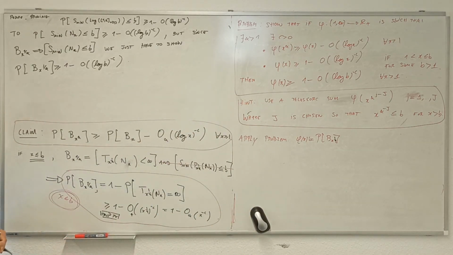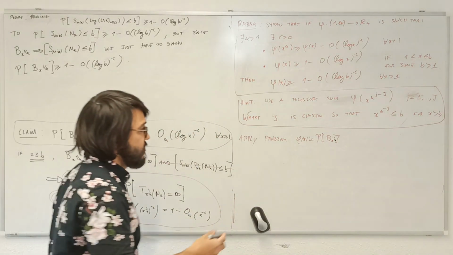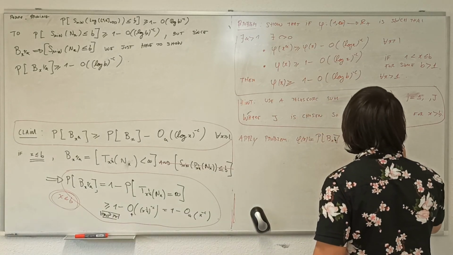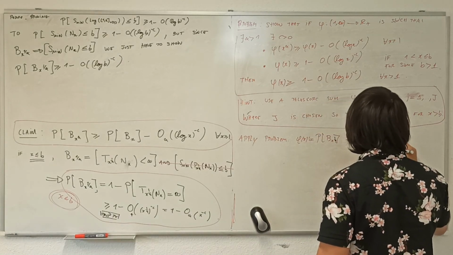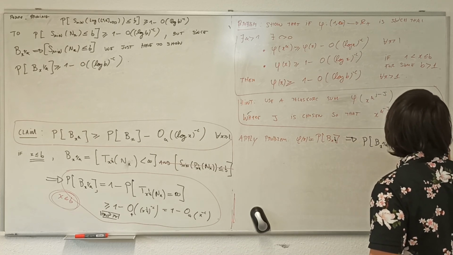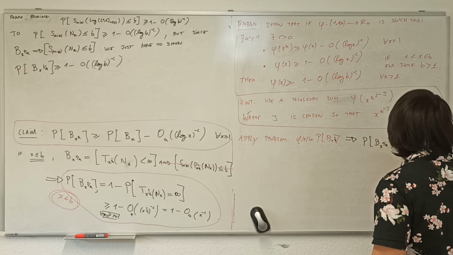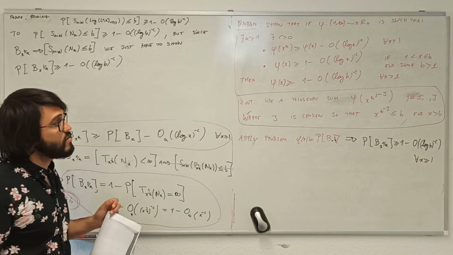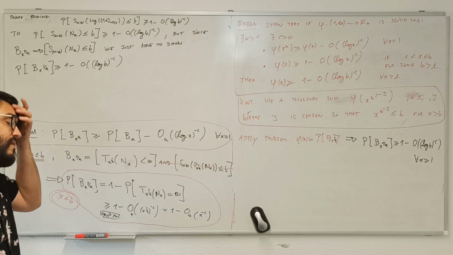Yes. So if you apply the problem, you conclude that the probability of B_x of 1 over alpha is greater than or equal to 1 minus O of log of b to the minus c. And this holds for all x greater than or equal to 1. No restriction whatsoever.